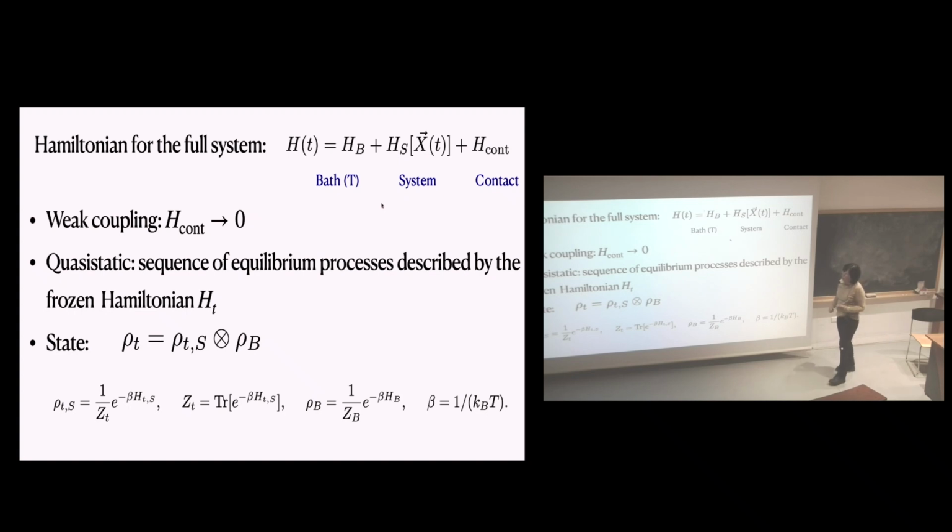So the state of our combined system will be well described by this direct product of the state of the system and the state of the bath. Both of them will contain the same temperature, which is set by the bath.